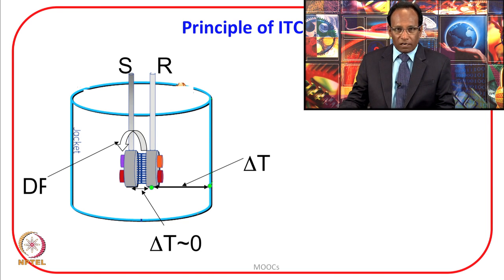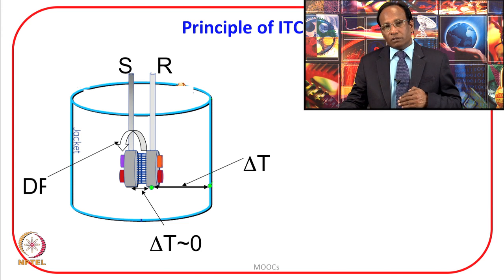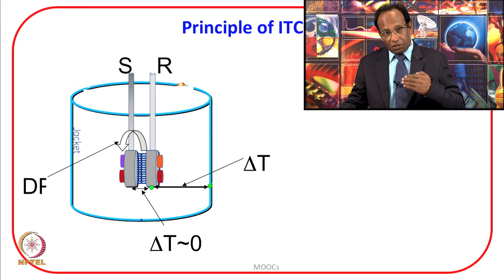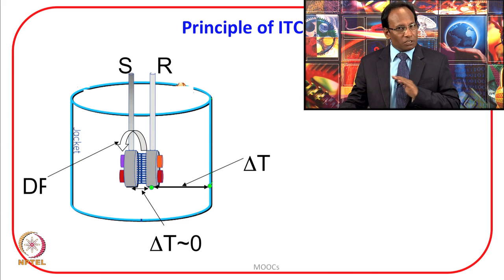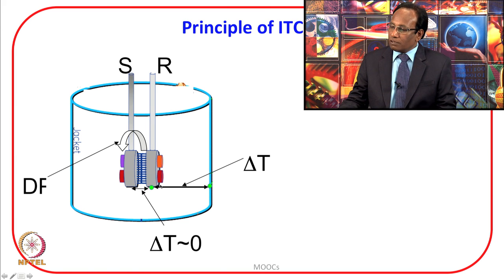Unlike in differential scanning calorimetry, you remember in differential scanning calorimetry, the temperature was changed, the sample was heated at a constant scan rate. In isothermal titration calorimeter, temperature is not changed, temperature is kept constant.